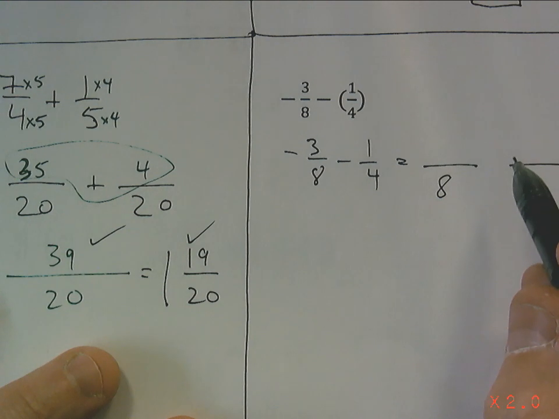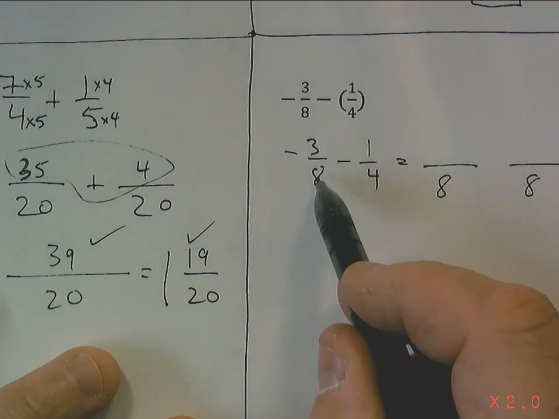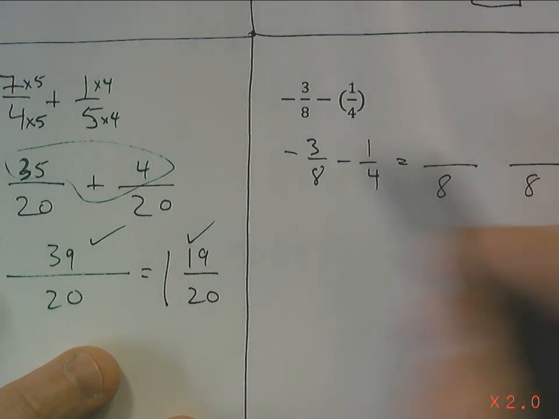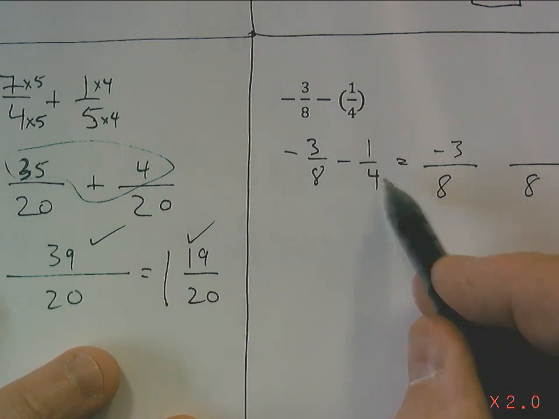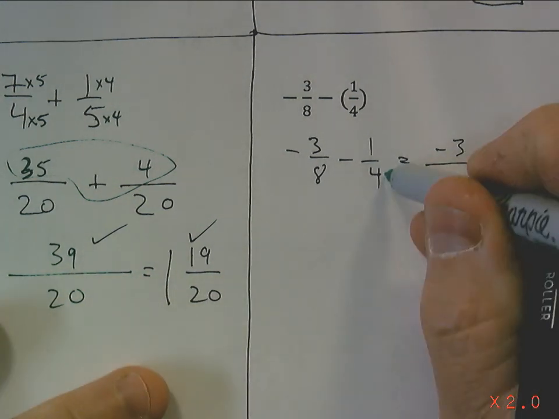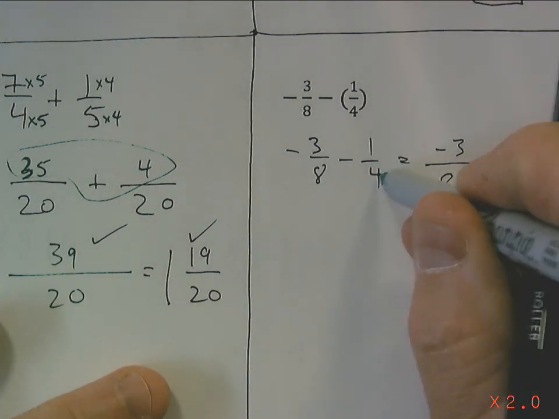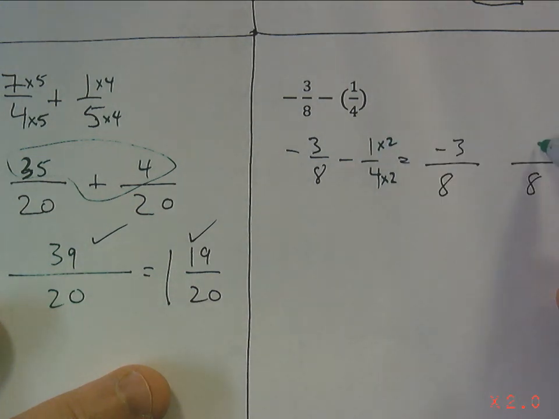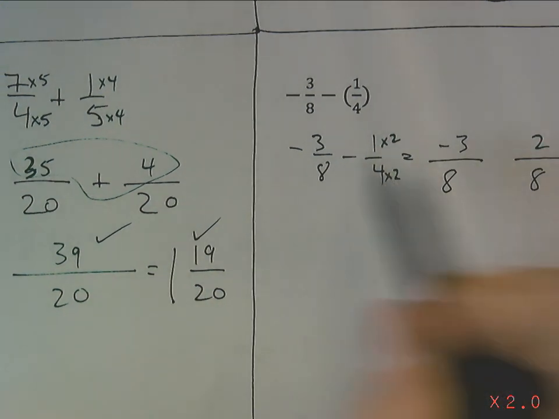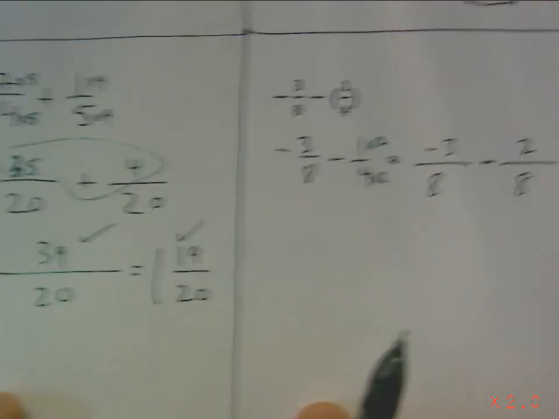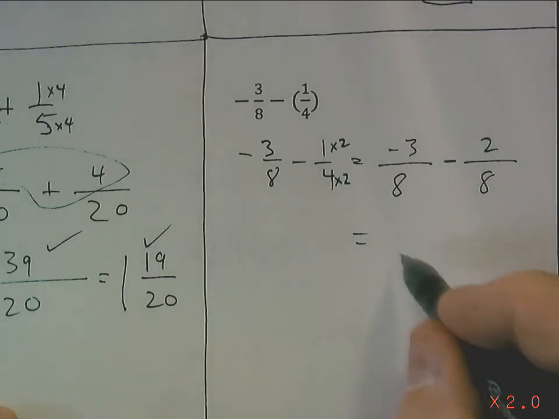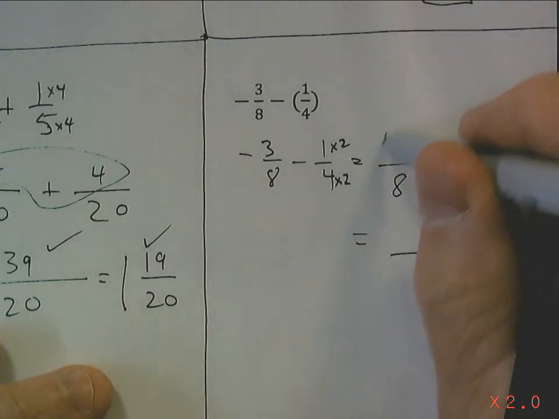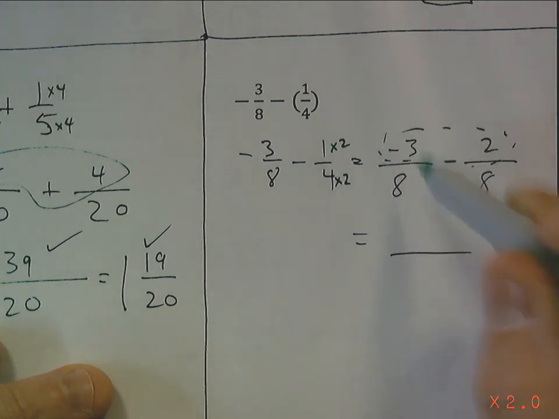Winner, winner, chicken dinner. So now 8 stays in 8. So the top stays in -3. The bottom, though, you need a little makeover, buddy. You need to be multiplied by 2 to get the 8. So I'm going to multiply by 2 here. That gives me 2. Don't forget to write the symbol in between. And now comes the part where I got to be careful. What's -3? Take away 2.